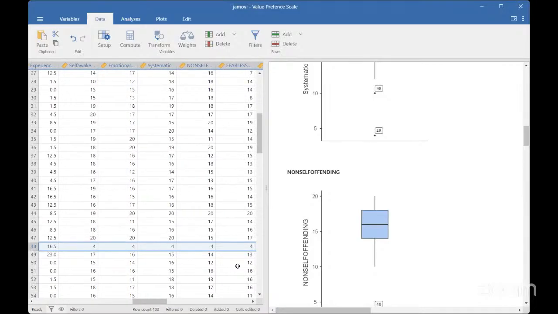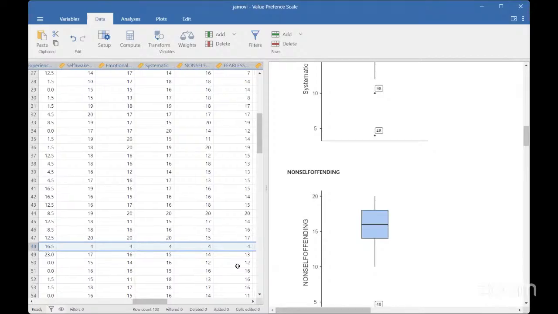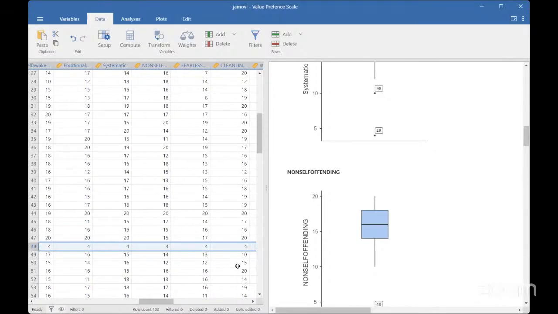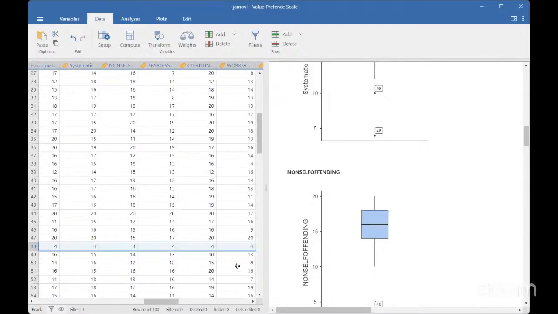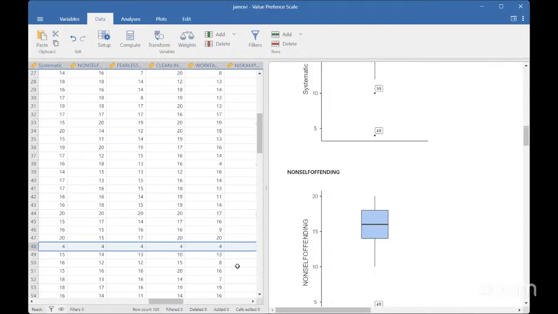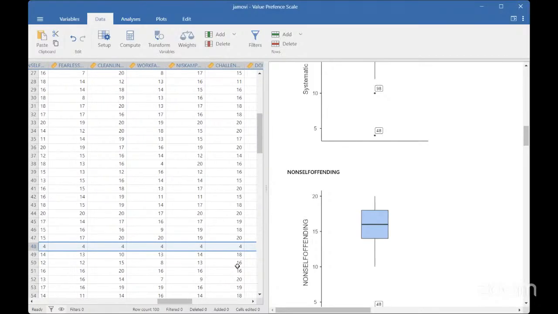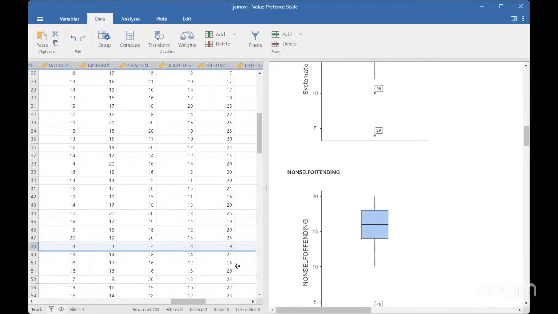So that individual is not able to understand the values. Therefore, she has given a 4 score. That means she is basically the outlier.